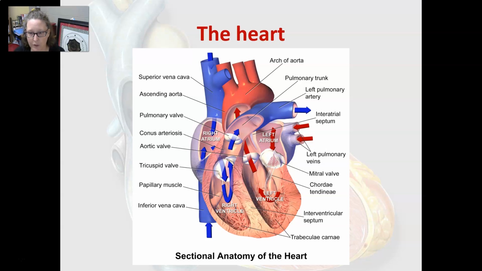So the left atrium and the left ventricle are really on your right as you look at it, and your right atrium and right ventricle are on your left if you look at it directly. It's because it's the patient's right and the patient's left. All right, so we have our chambers here, atrium and ventricles. We have a septum here.